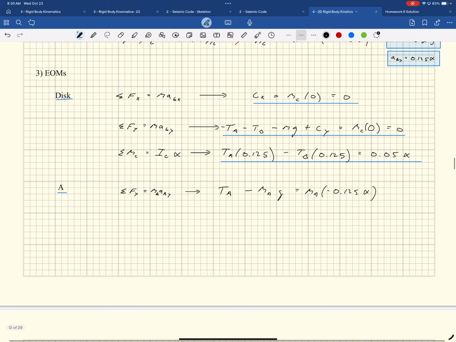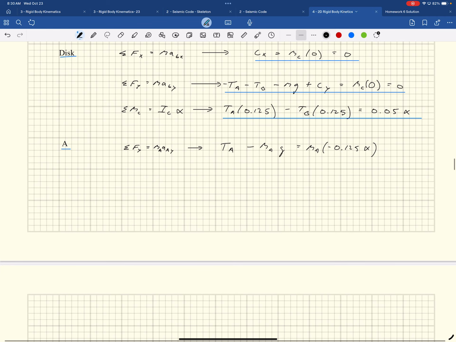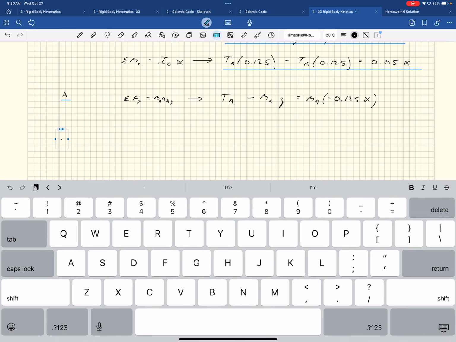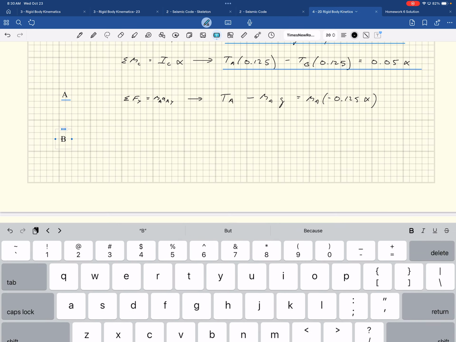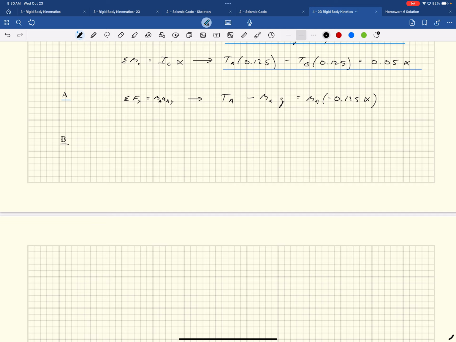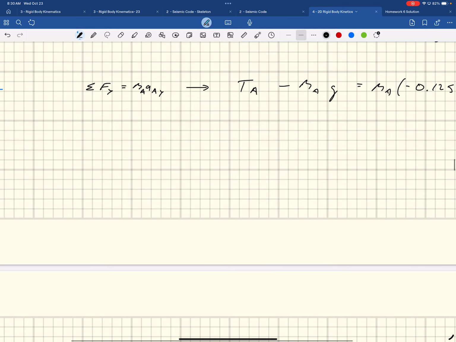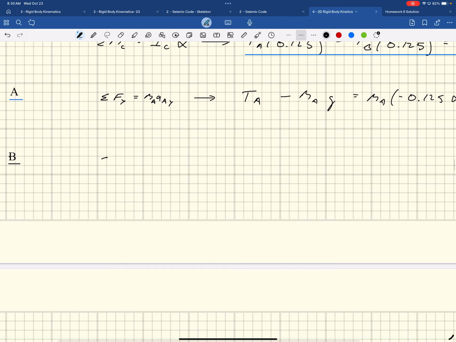Okay, now we look at B. All right, you see where we're headed here, right? This is the last one we need. B. And we get the sum of the forces in the Y direction is equal to MB times ABY.